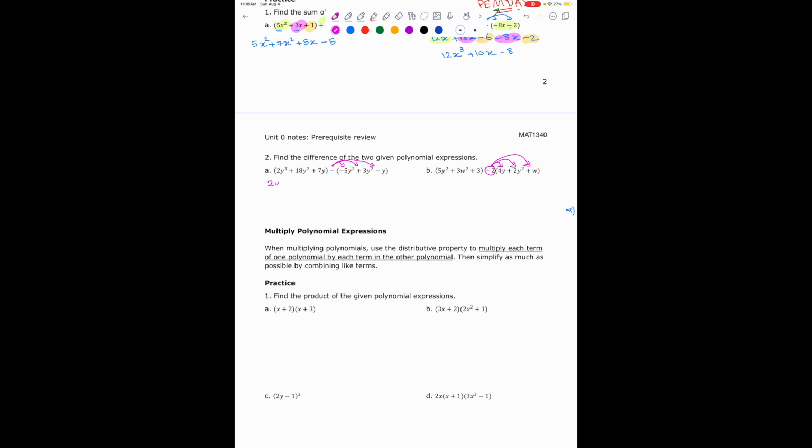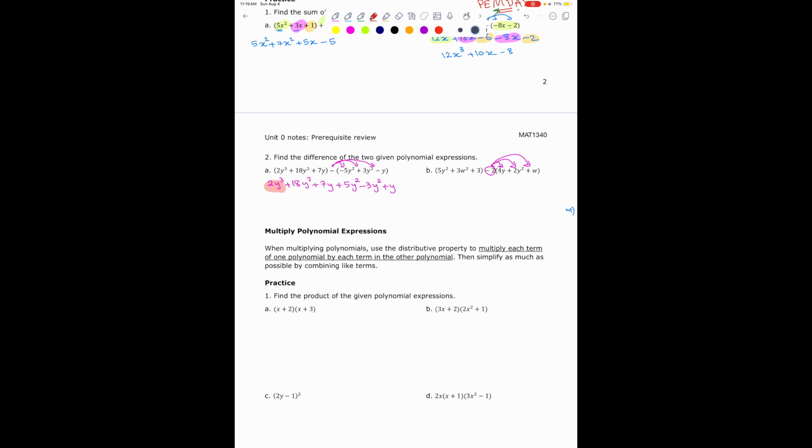We have 2y cubed plus 18y squared plus 7y, minus times negative 5 is positive 5y squared. Negative times positive is negative 3y squared. Negative times negative y is positive y. Now let's highlight like terms.